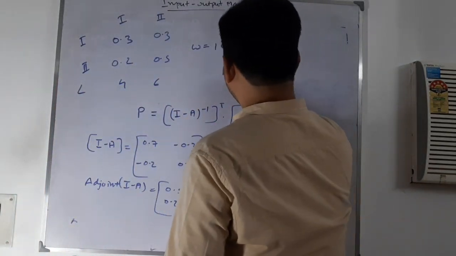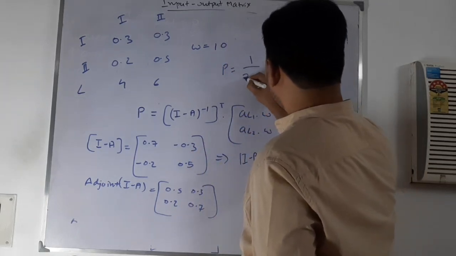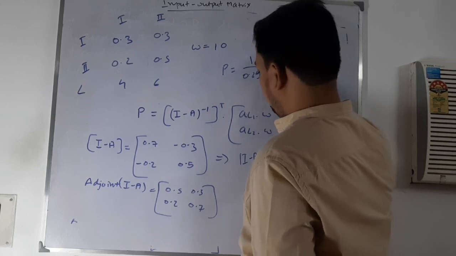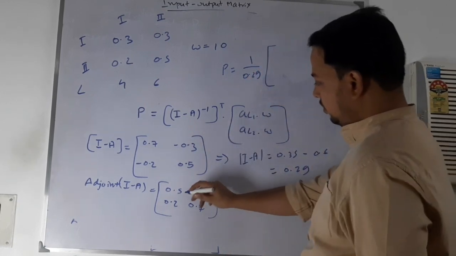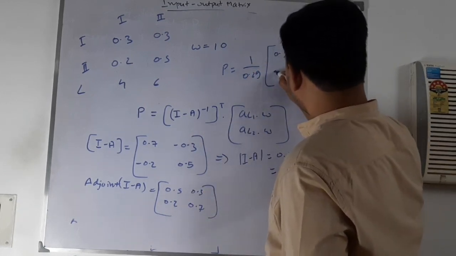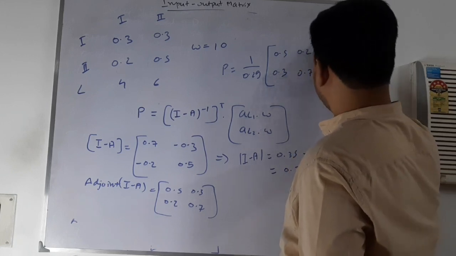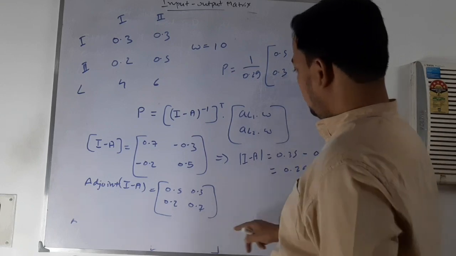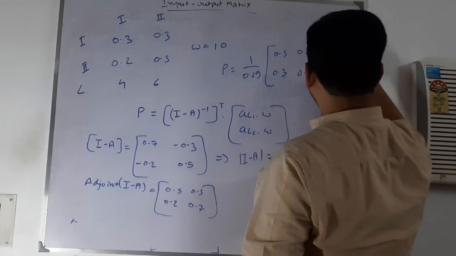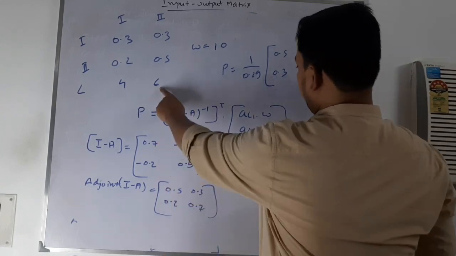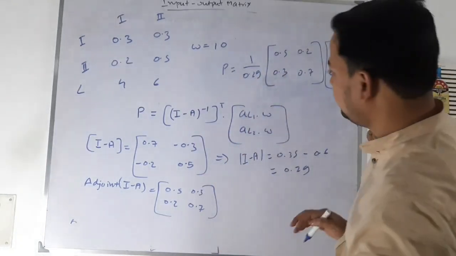Now I finish with this formula. So equilibrium price, this is the price vector, will be equal to 1 over 0.29. And here I have to take the transpose of this one, if you remember the formula. This is 0.5, 0.3, 0.2, and this will be 0.7. And we know AN1 is 4, wage is 10, so it will be 40. And AN2 is 6, wage is 10, so 60. Next, the sum for this one.